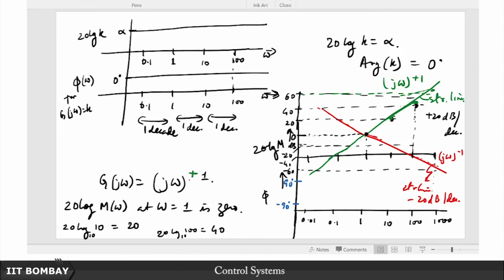Yeah. So here also you see this is the line corresponding to j omega to the power minus 1, and this is the line corresponding to j omega to the power plus 1.